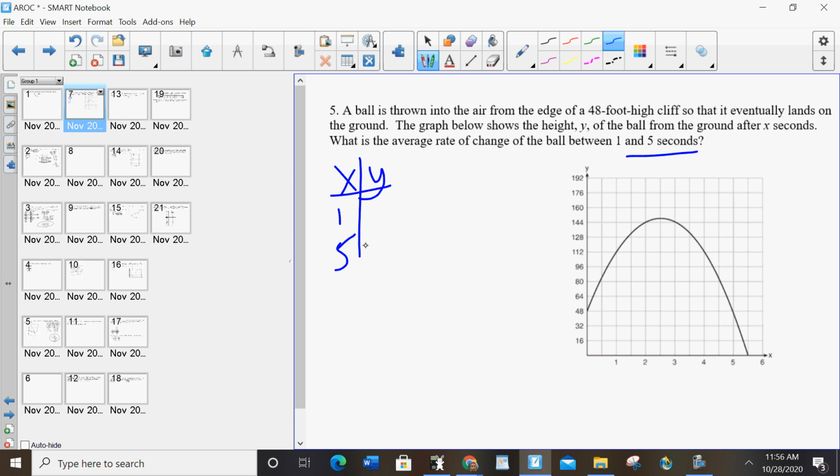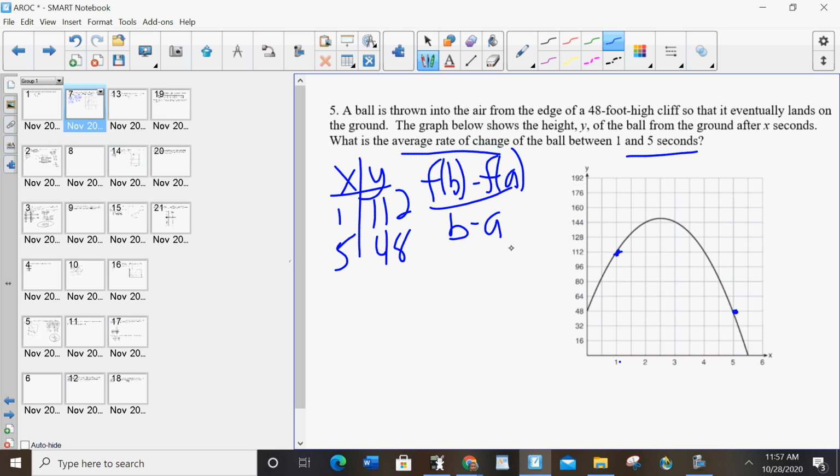Pause it. All right, now that we're unpaused, when X is 1, Y is 112. When X is 5, Y is 48. Average rate of change is f of b minus f of a over b minus a. 48 minus 112 over 5 minus 1.